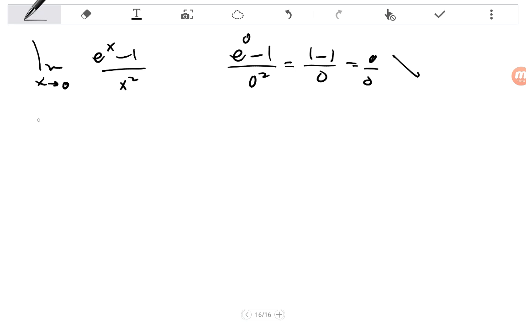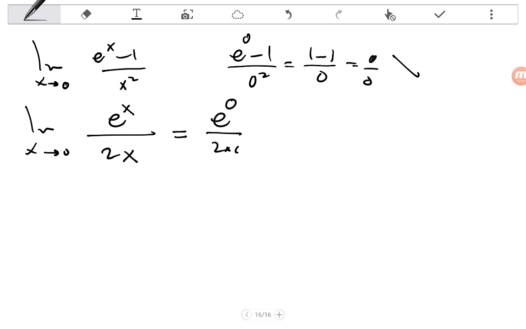Let's apply L'Hopital's rule. So that will be limit x approaching 0. The derivative of the numerator will be e power x as it is, minus 0, over 2x. Now let's substitute x by 0. E power 0 over 2 times 0.